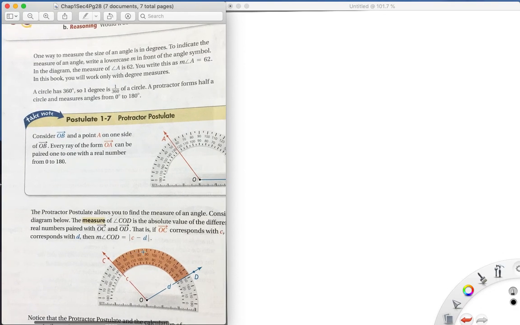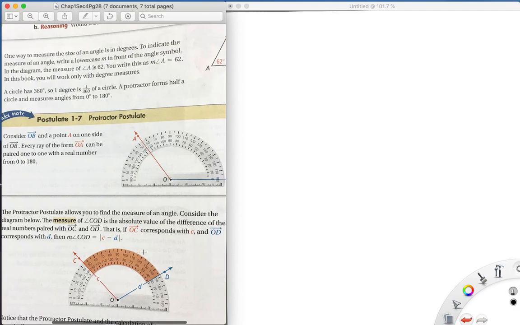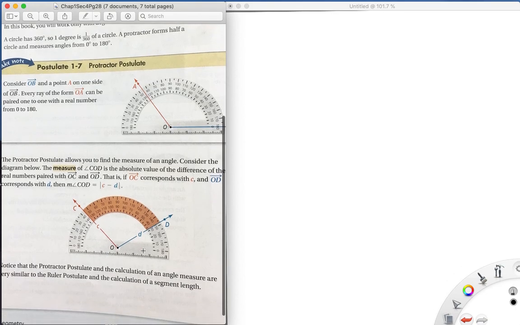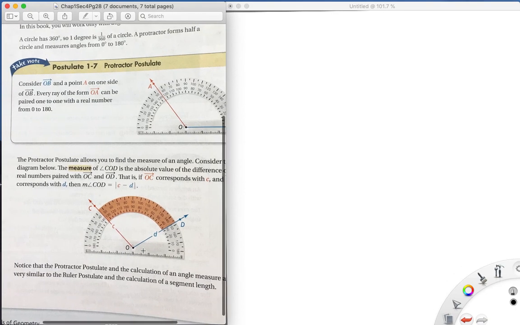Here it says using the protractor postulate you can get the measure of an angle, in this case angle COD, by subtracting its degrees on the protractor. If we're starting with the blue, that would be gross, ugly numbers. So you just subtract the difference of the numbers.